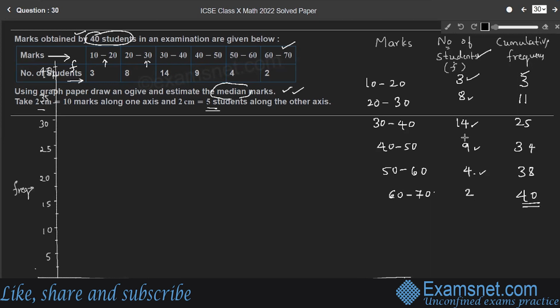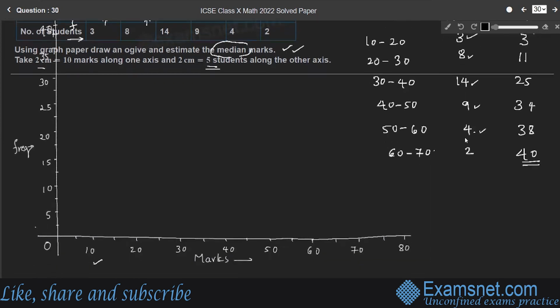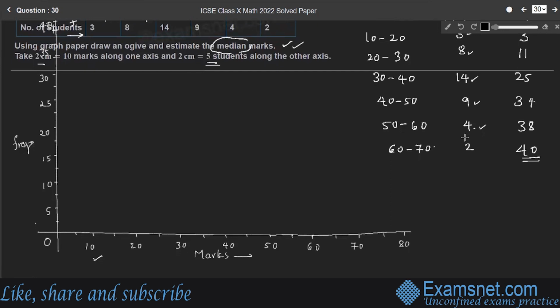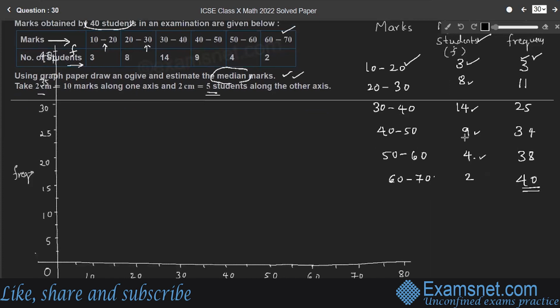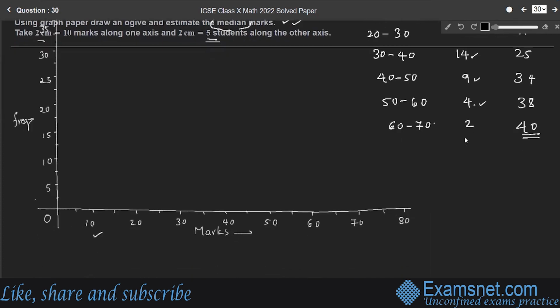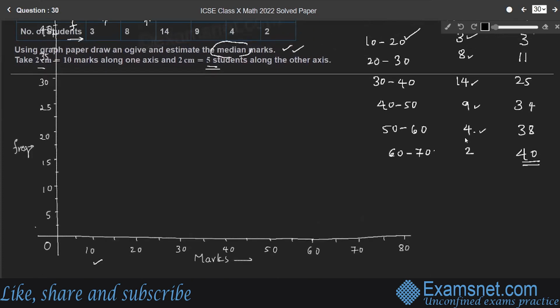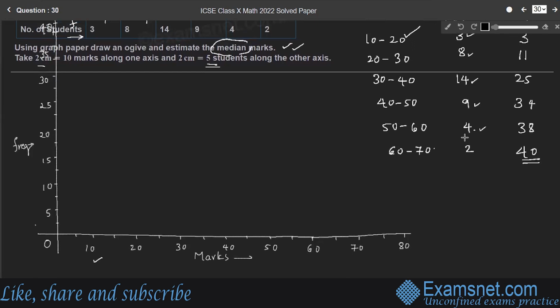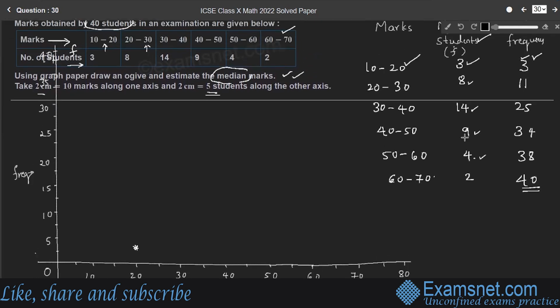Let us represent these cumulative frequencies on the y-axis, which represents the number of students. 3 students obtained marks in the range 10 to 20. We'll take the upper limit, which is 20. Whereas 11 students obtained marks in the range 20 to 30, so the number 11 comes somewhere here.